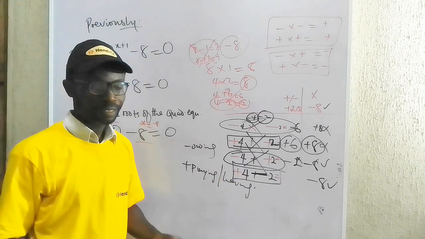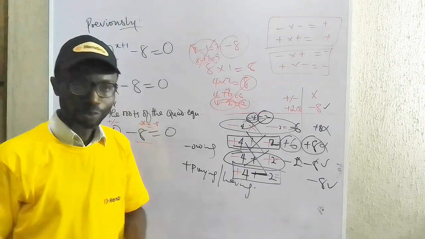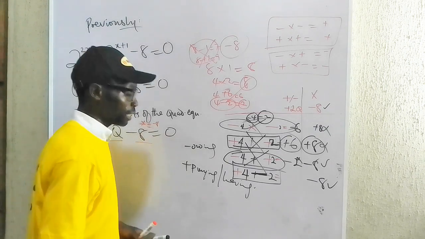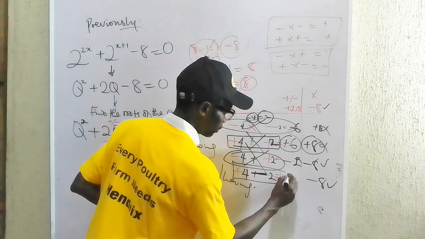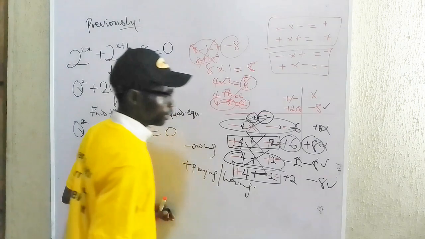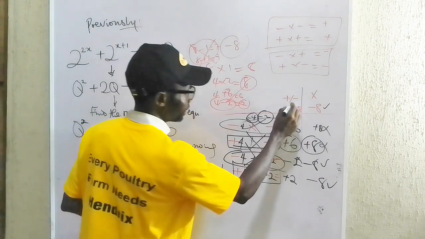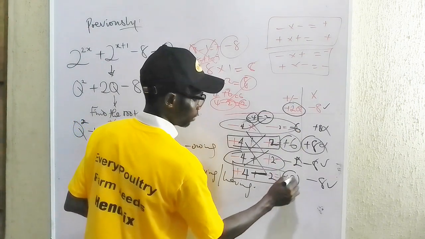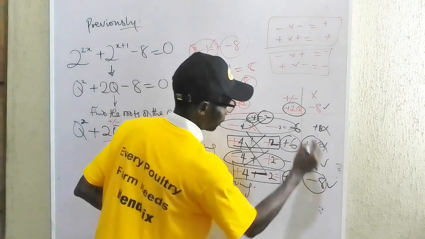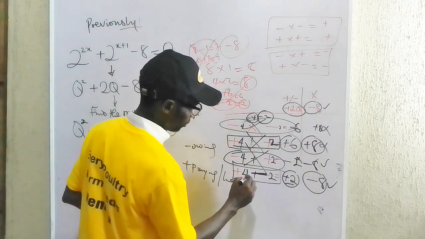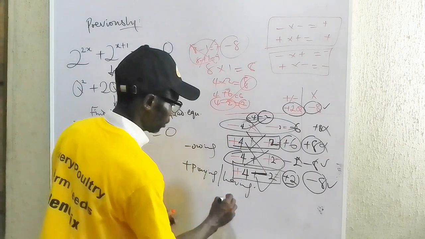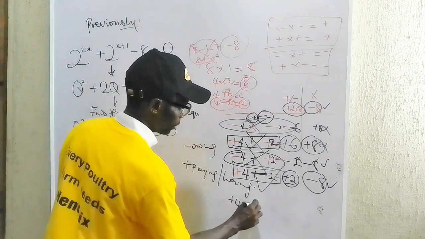I'm no longer owing. I gave the person $4, so when the person returns a change of $2 to me, that means I have, plus means have. How much do I have? $2. Now wait a minute, it looks like this, plus 2 and plus 2, they look alike, and this looks alike. That means this combination is the correct one. So the combination that will fit in here will be plus 4 minus 2.